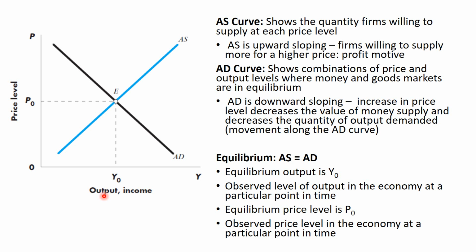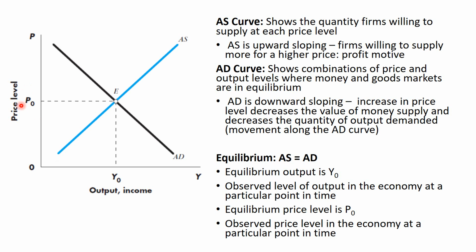So we often see the words output, income, and spending being used interchangeably in macroeconomics. Here what we're measuring is output or income, denoted by the symbol Y. So you can think of this as real GDP.